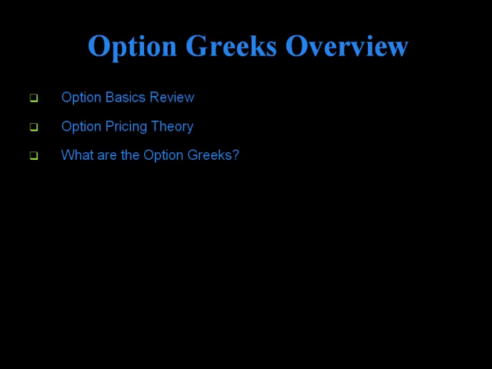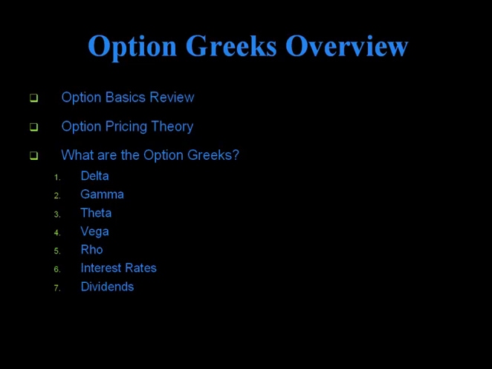Having said that, and we got the basics out of the way, why don't we jump off into option Greeks. For the next hour or so, we're going to spend some time on option Greeks. We'll do a very brief review. Again, I will make the assumption that you have a fairly good working knowledge of option basics. Option pricing and option pricing theory, we'll touch on that briefly, and then from there we'll go into the option Greeks. We'll describe and define the option Greeks, then we'll go into each of them, from delta and gamma and theta and vega, rho, interest rates and dividends.